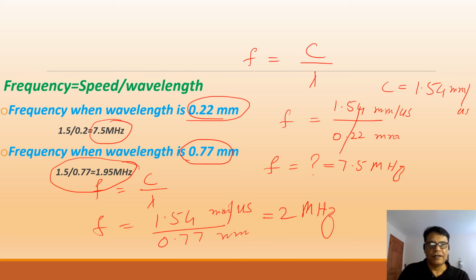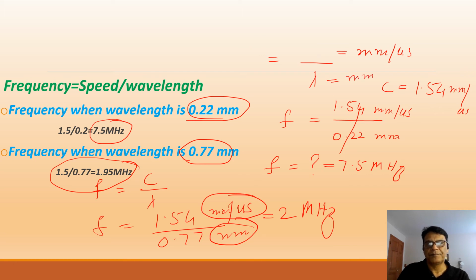You see that wavelength is in millimeter and speed of sound is in millimeter per microsecond. So remember this combination: the speed of sound should be in millimeter per microsecond and the units of wavelength should be in millimeter. It's very simple.